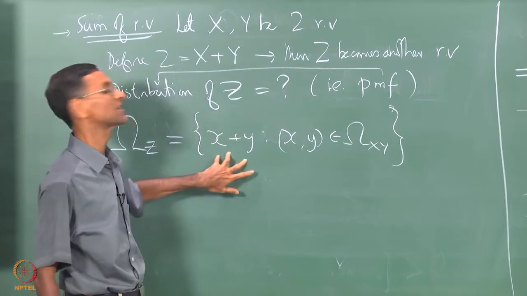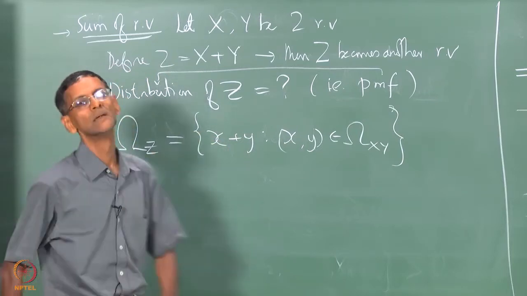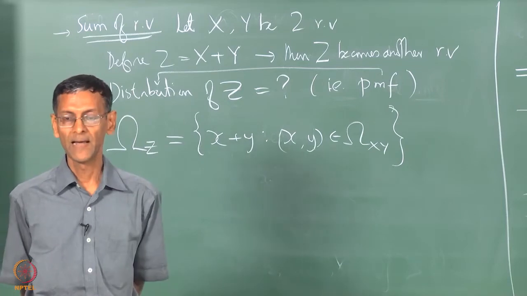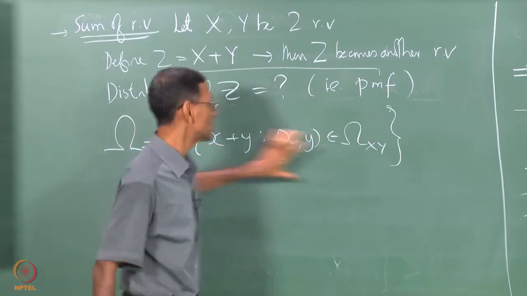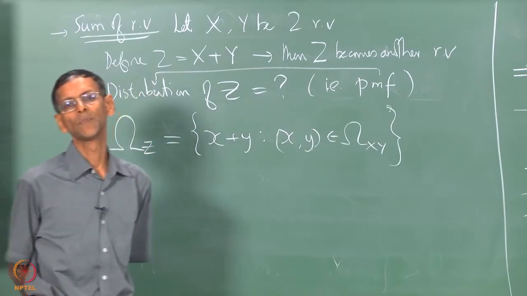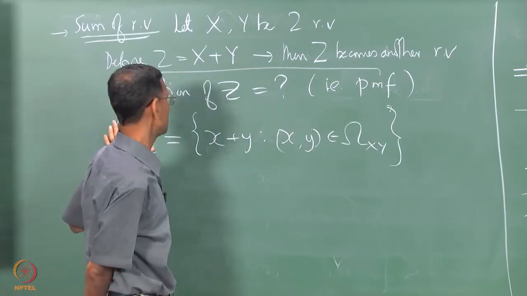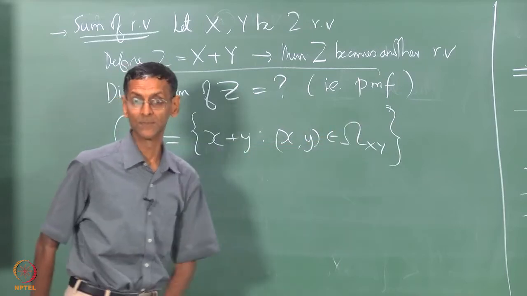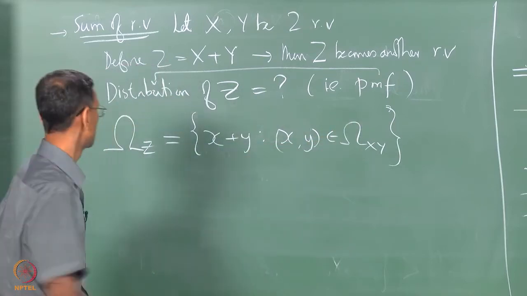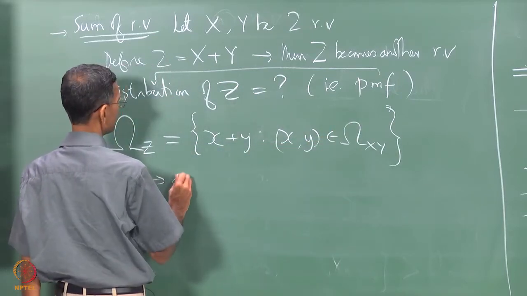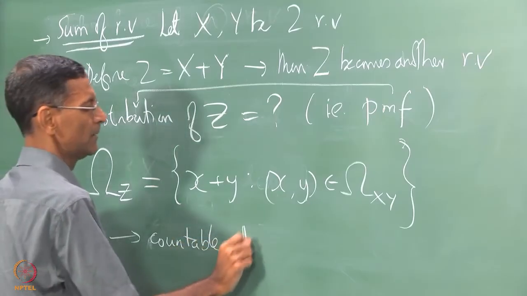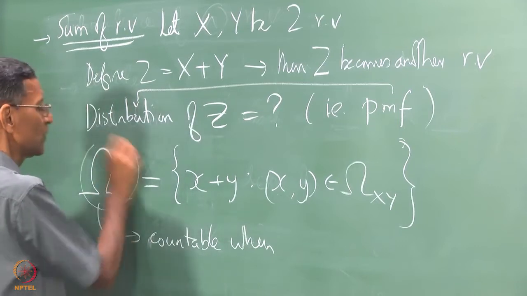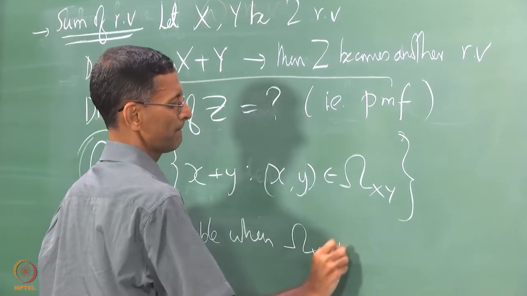So all possible such values will comprise the set omega z, and if omega xy is a discrete, countable set, this also has to be countable. You cannot get something that in some way is bigger than this. So omega z is countable when omega xy is countable.